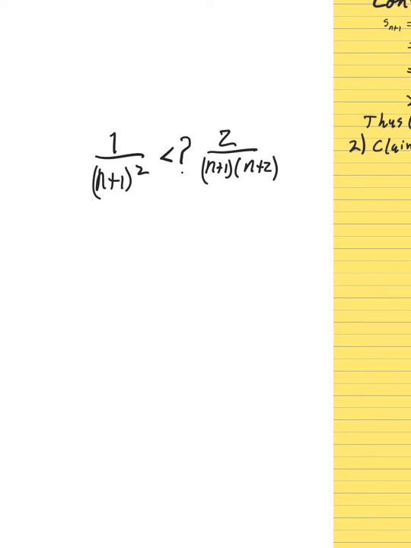So I guess cross multiply first. That'll give me (n plus 1)(n plus 2), and it looks like I'm multiplying only by positive things, so there's no worry about flipping this inequality.